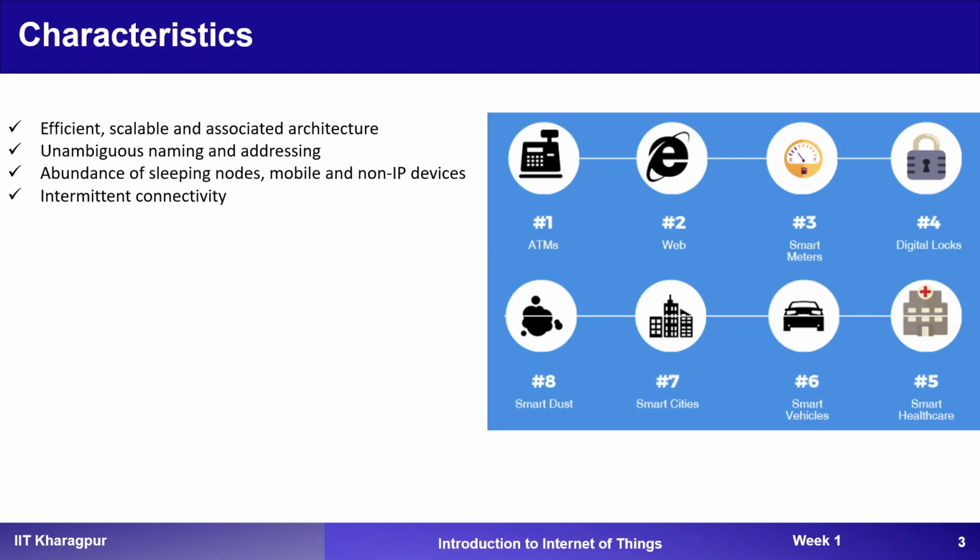Okay. So the second characteristic is unambiguous naming and addressing. In Internet of Things, every device is associated with a particular address, and with the help of that address, the exchange of messages or the communication between these devices can take place.